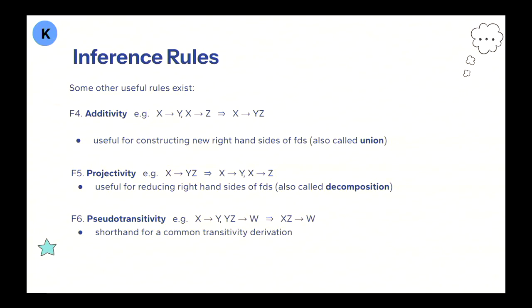So this is the pseudo transitivity, and you may notice that the name of this rule is very similar to transitivity. It's called pseudo, so it is actually a shorthand for common transitivity, and we will show why it is a shorthand later with an example.